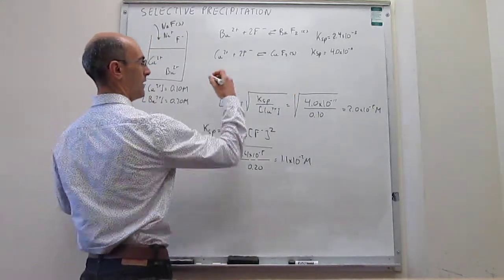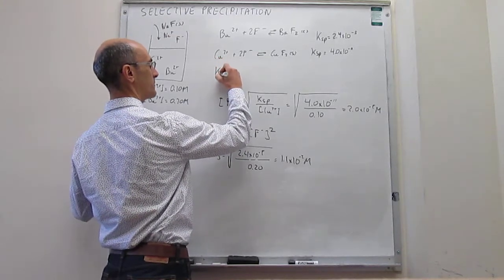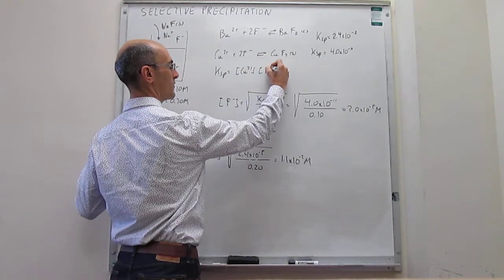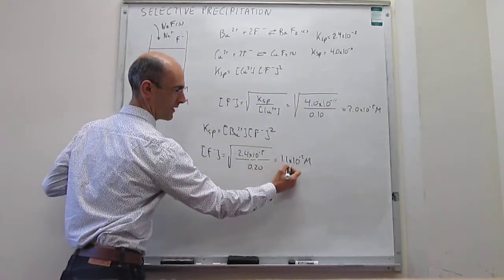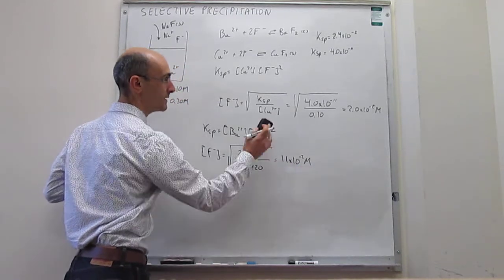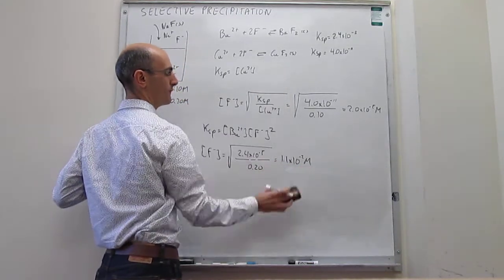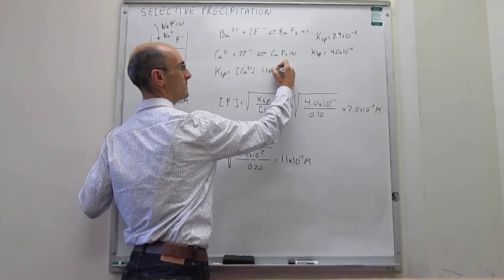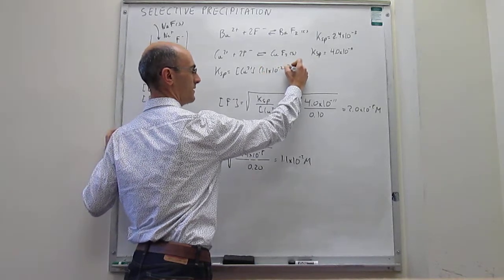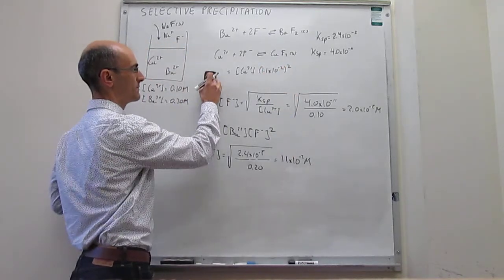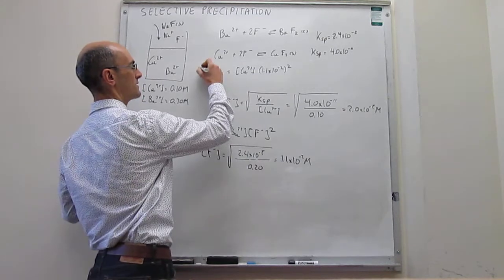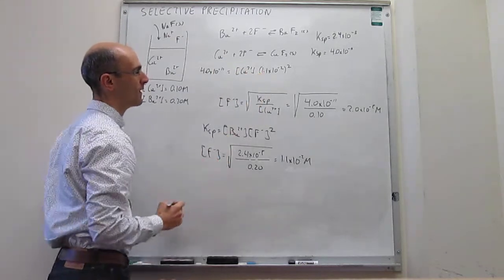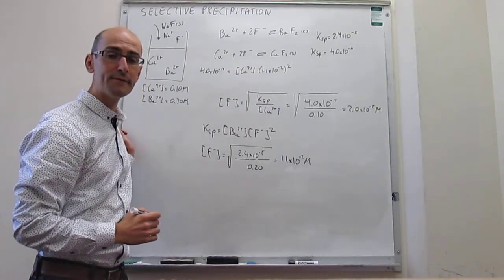Okay. So the solubility product is equal to the concentration of calcium 2+ times the concentration of fluoride minus squared. But now we plug in the limiting concentration of fluoride at which barium starts to precipitate, which is 1.1 × 10^-2 squared, and the solubility product of calcium fluoride, 4.0 × 10^-11, and that will give you the amount of calcium left in solution.